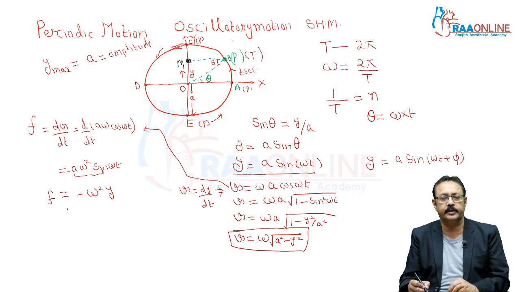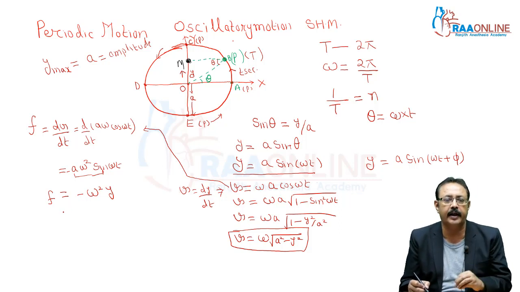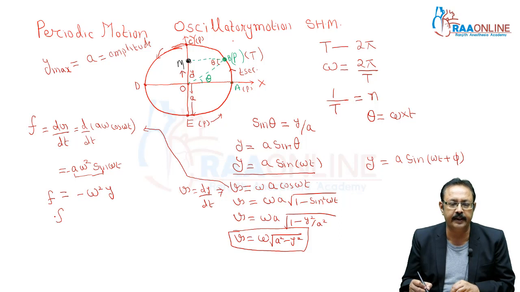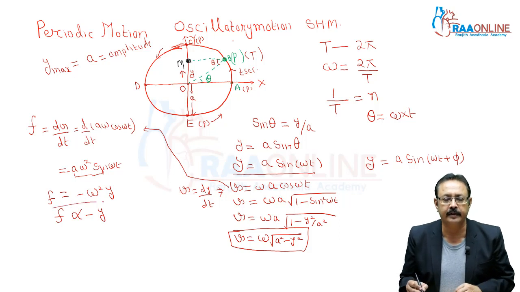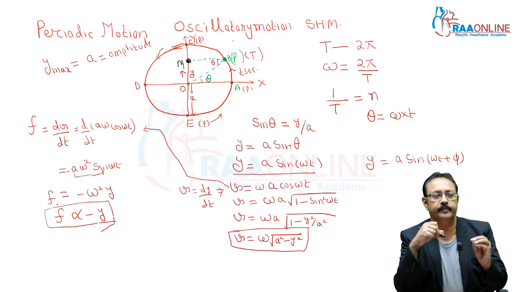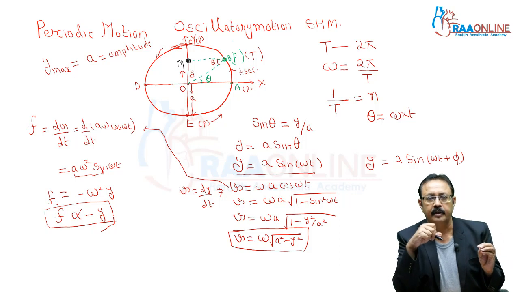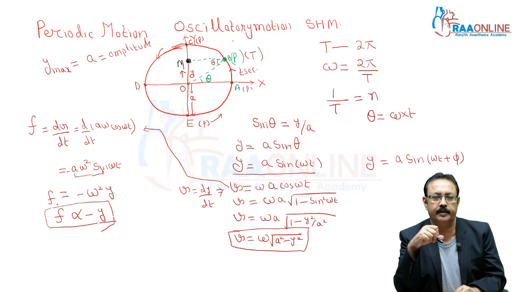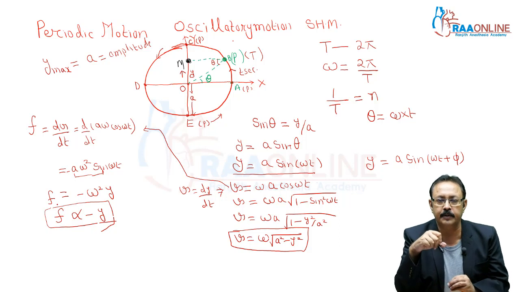Since omega is constant, the particle is moving with constant angular velocity, so you can say F is directly proportional to displacement. And this equation is the characteristic equation for simple harmonic motion. It means if in any motion acceleration is in the opposite direction of displacement, minus means opposite direction, and it is directly proportional to the displacement, then this motion is simple harmonic motion.